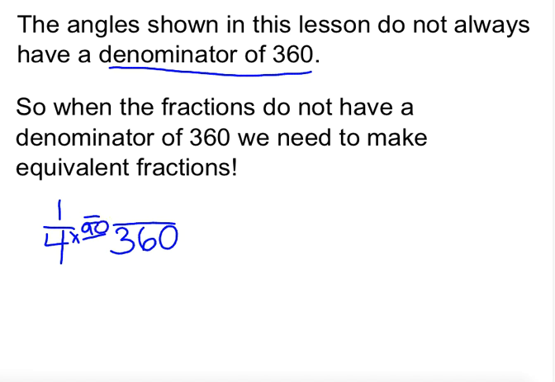So if I multiply the denominator by 90, I must also do that to my numerator, which gives me 90. So the answer to this is 1/4 is equal to 90 degrees. And we'll do a few examples.